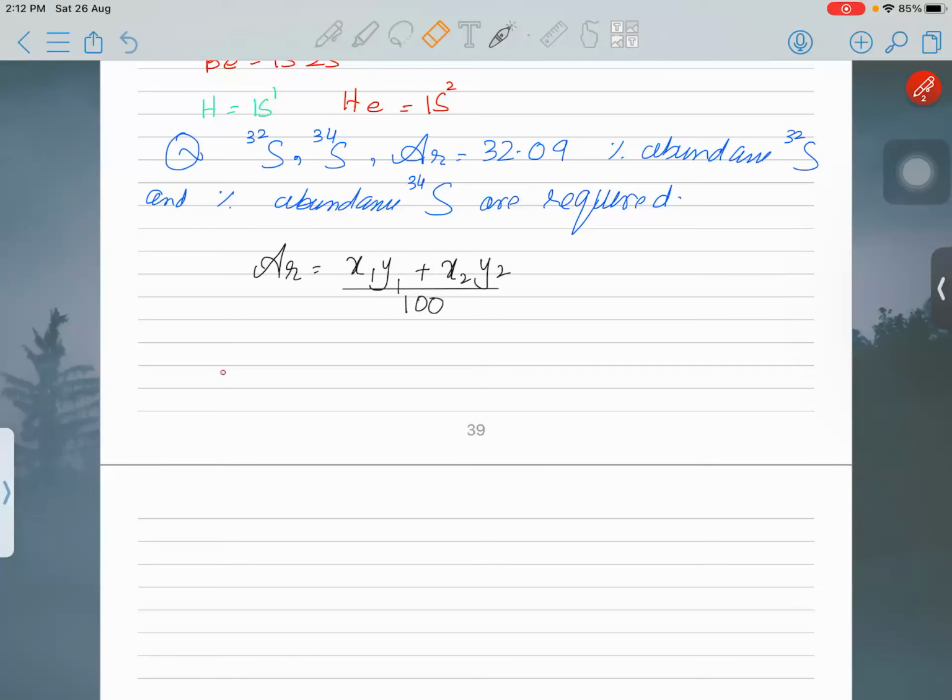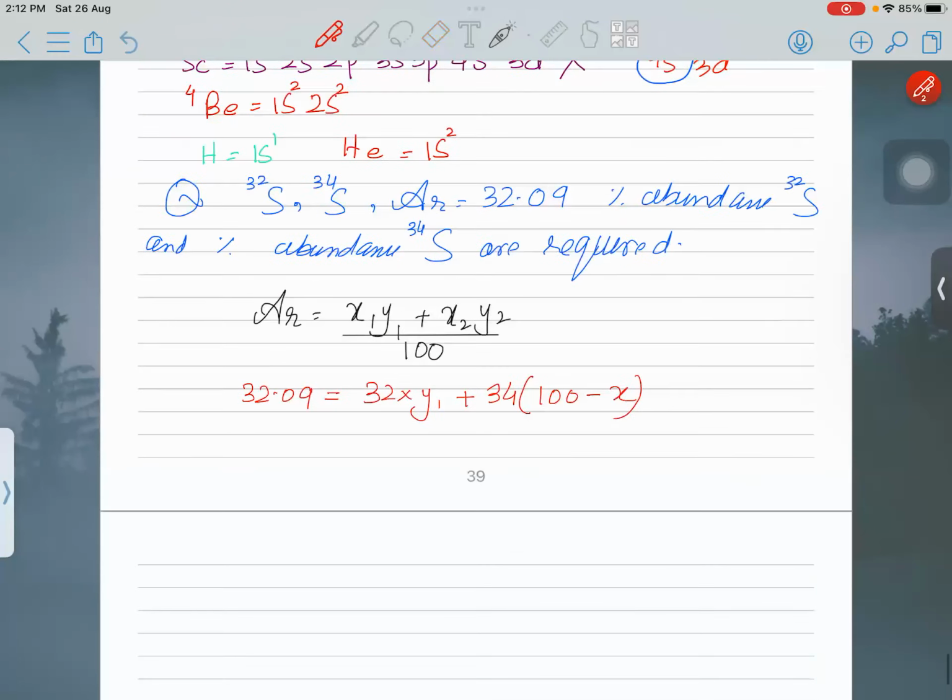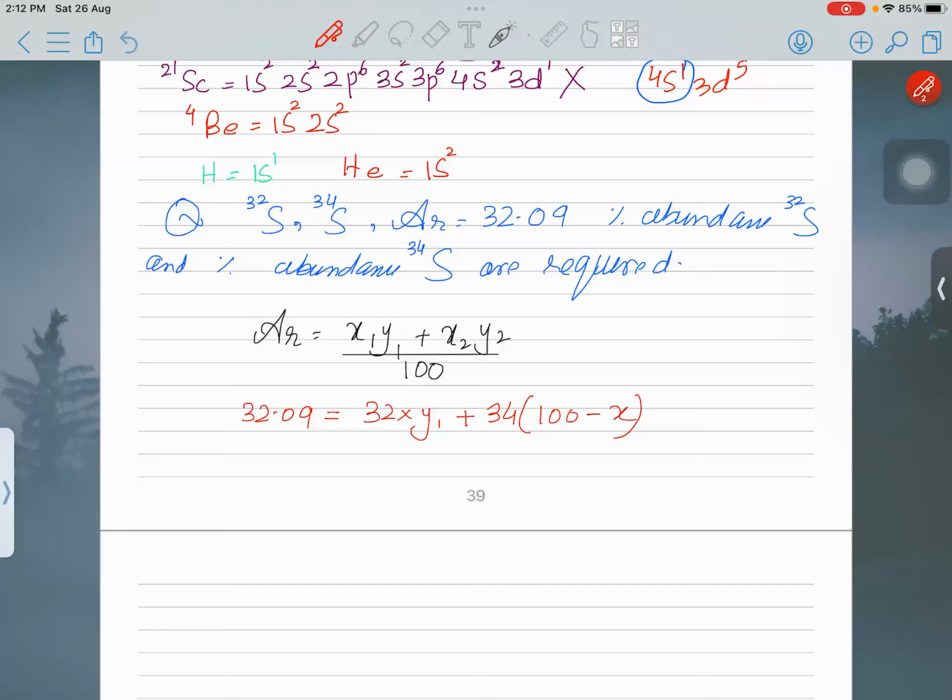So 32.09 is equal to 32 times Y plus 34 times (100 minus Y), divided by 100.